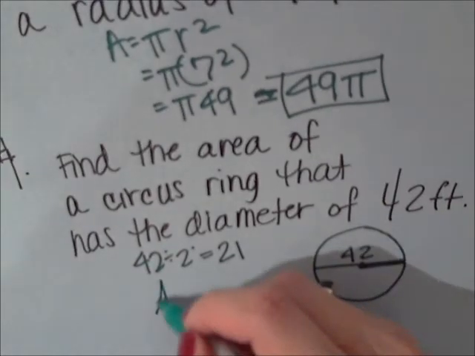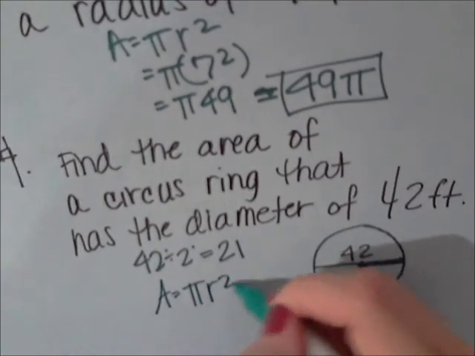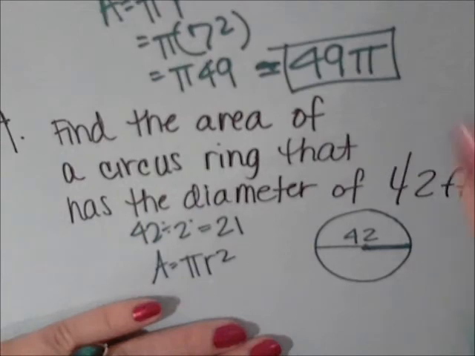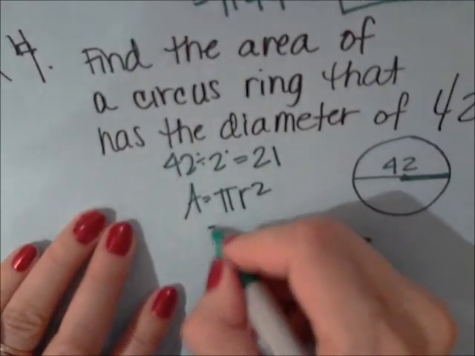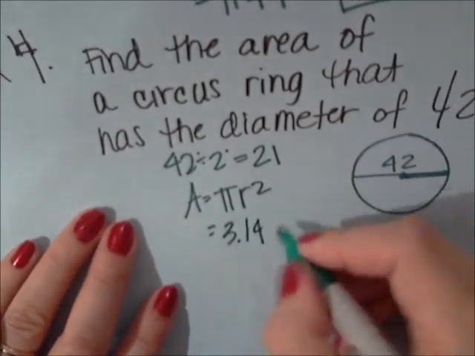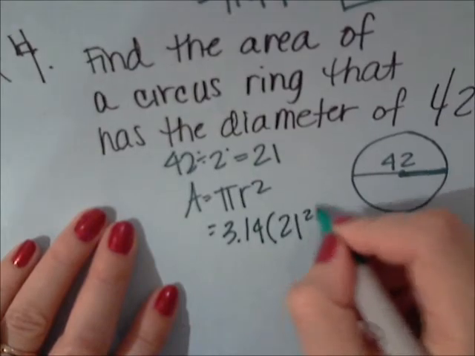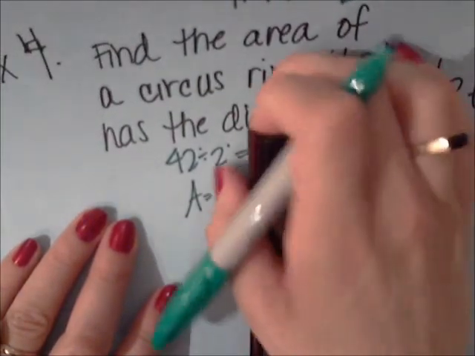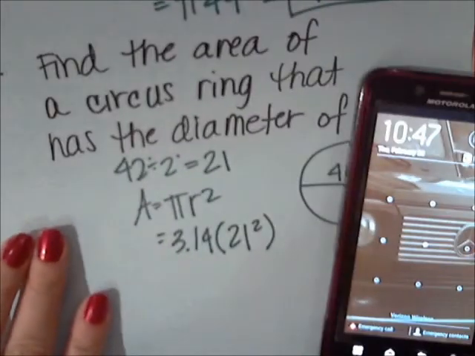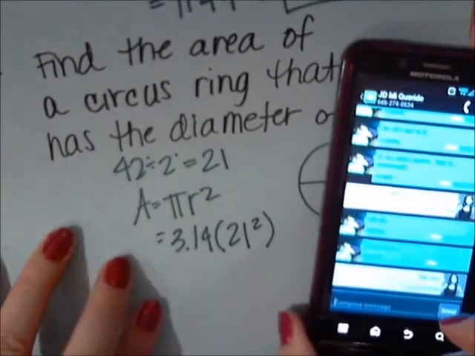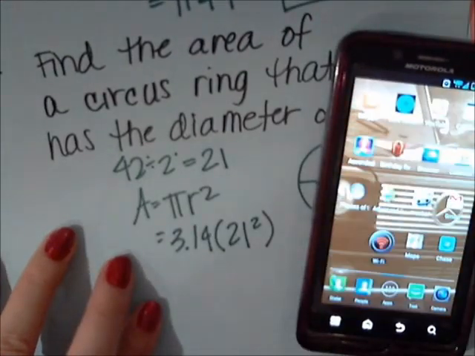So now we're going to use area equals pi r squared, and then we will put 3.14 times 21 squared. This is a good one for my handy dandy calculator.